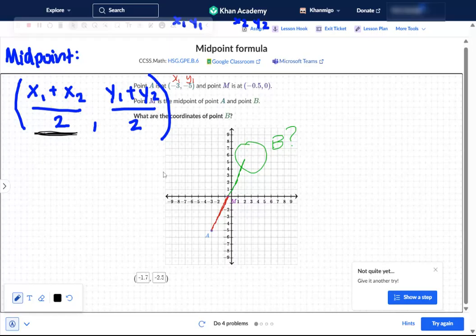So we know the X value for M, right? The X value is -0.5. So that would be our answer from here, right? And we know what X1 is. We know it's -3, but we don't know what X2 is, right? And we got this, guys.